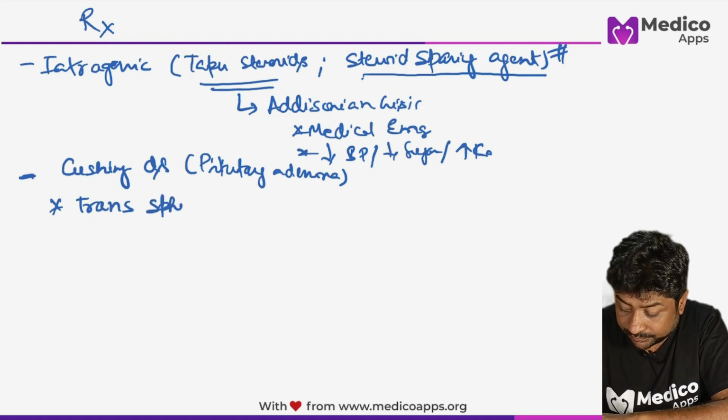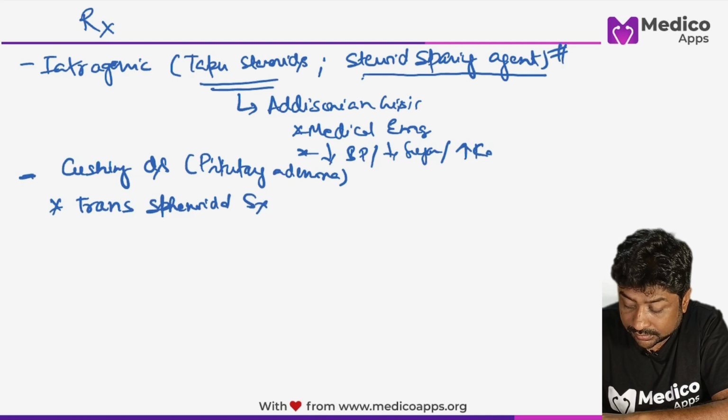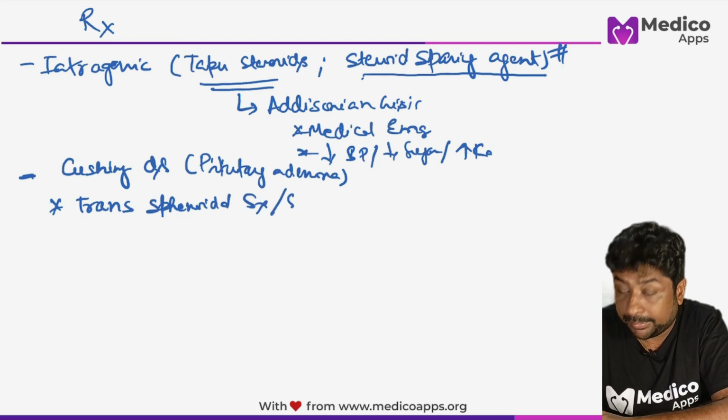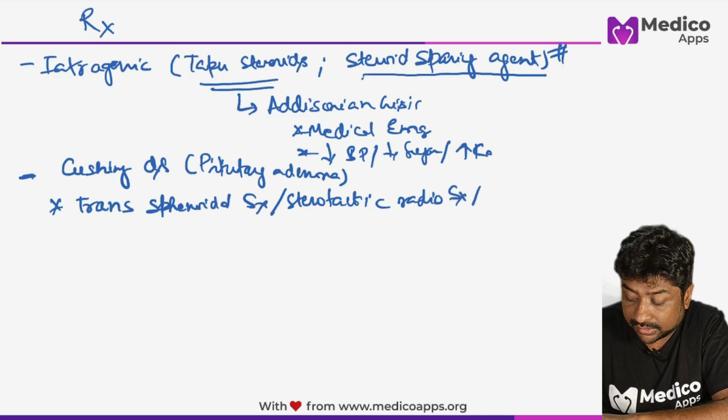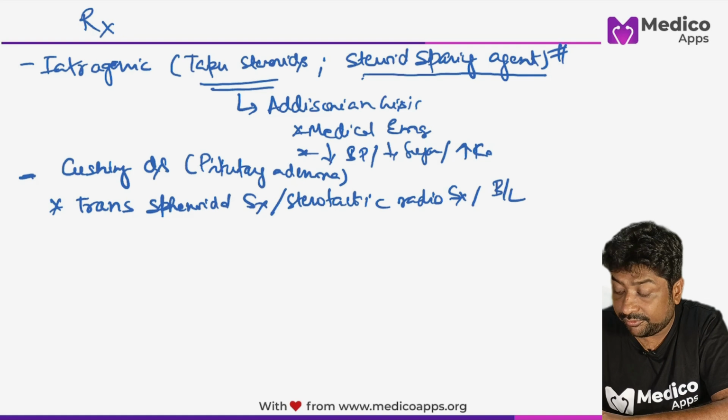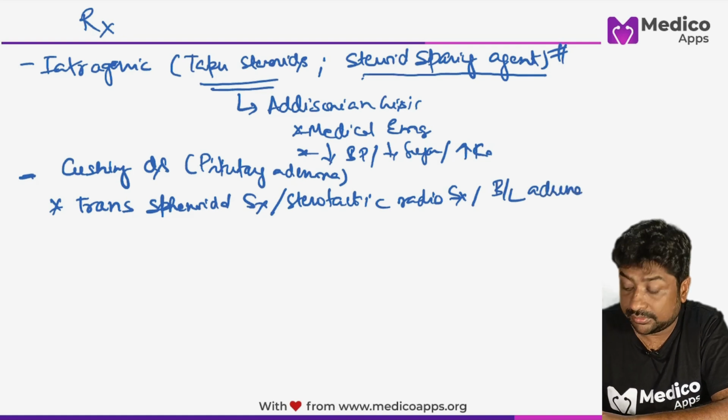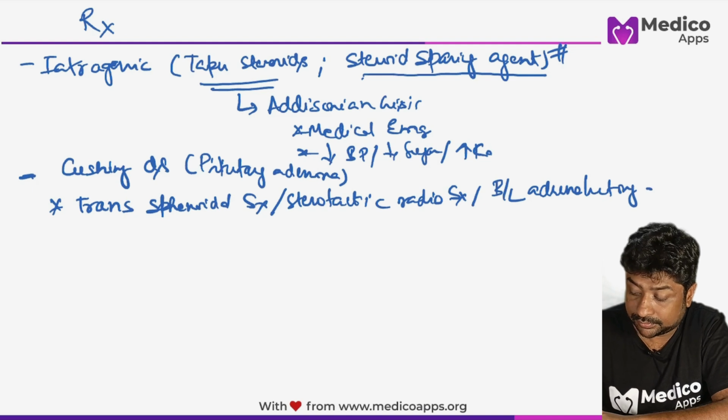So it's transsphenoidal removal of the pituitary adenoma, or nowadays there is also stereotactic radiosurgery. If surgery is not possible, then we can also go for bilateral adrenal gland removal.